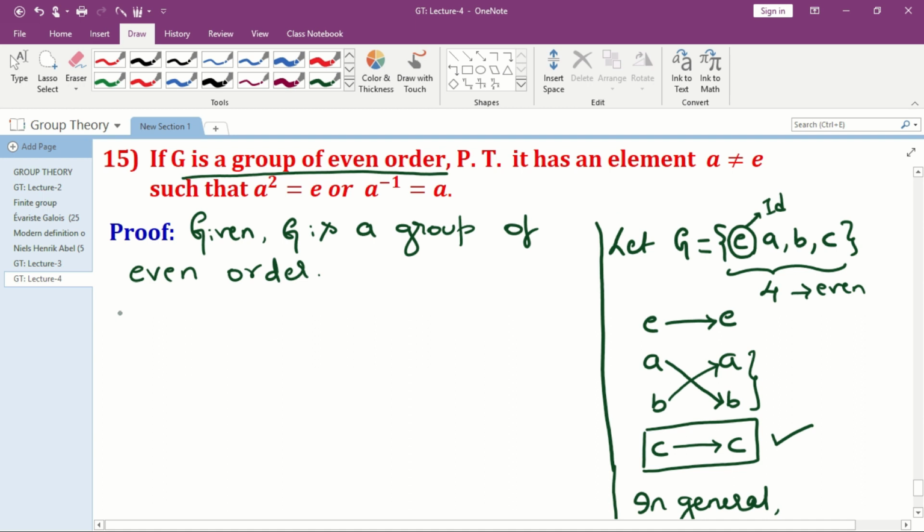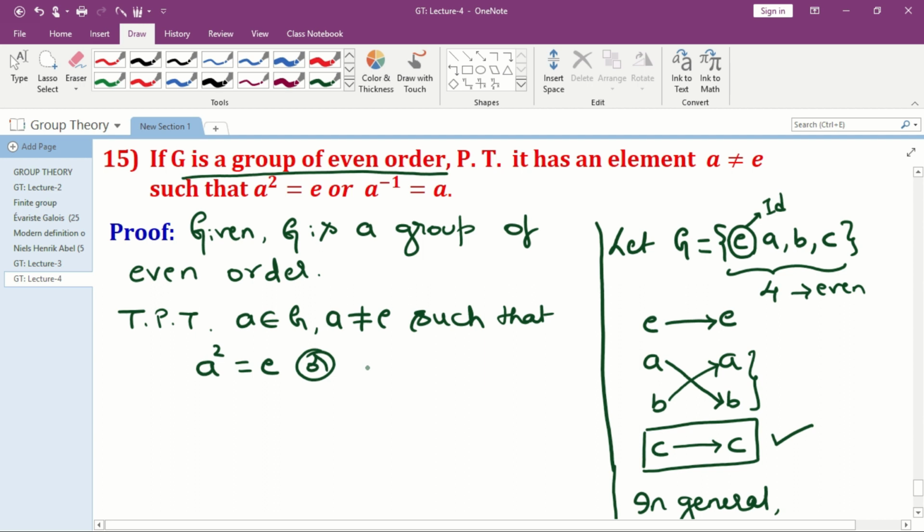And what is to be proved? To prove: there exists an element A belonging to G, where A is not equal to E, that is, A must not be the identity element, such that A square is equal to E, or A inverse is equal to A. So this is our aim.